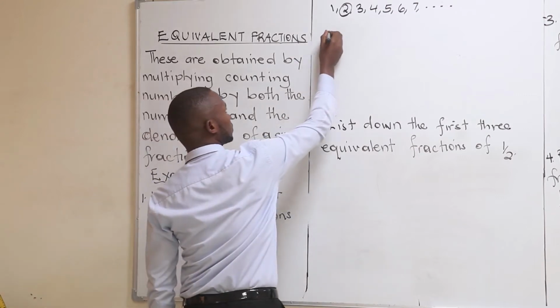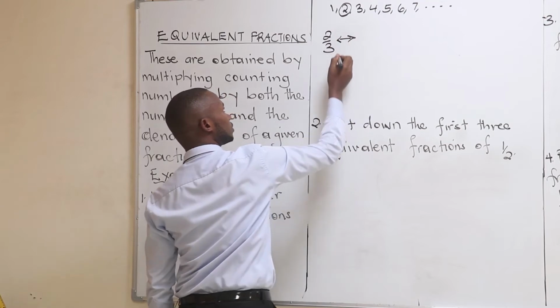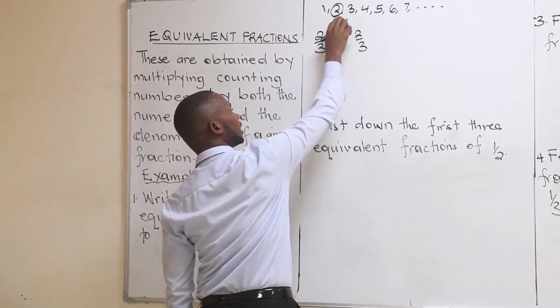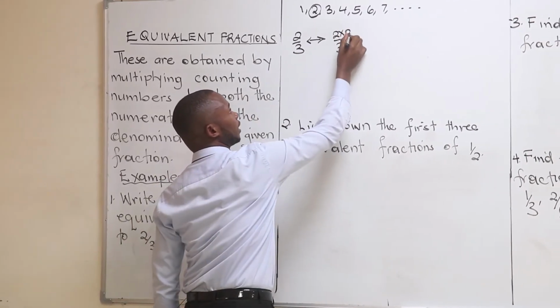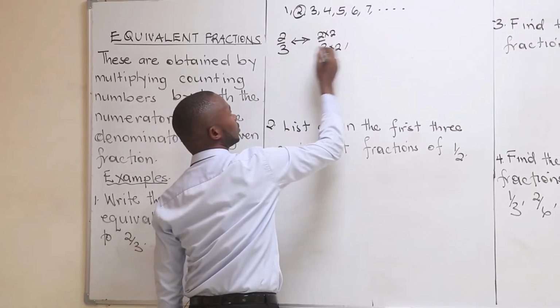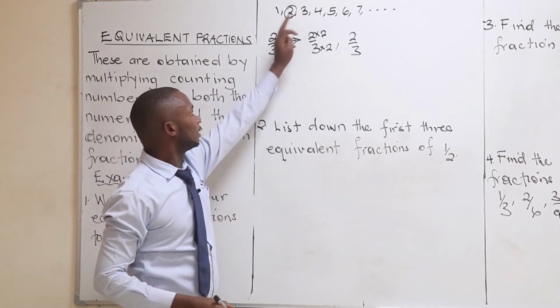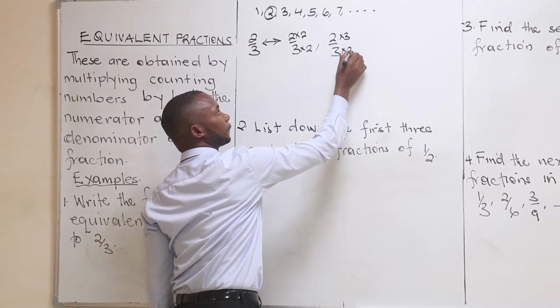So when you start with the 2, 2 out of 3 shall be equivalent to. You start by saying 2 out of 3. You multiply by 2 on the numerator and the denominator. You go to the next one, still use 2 out of 3. Multiply. The next one will be 3 times 3.